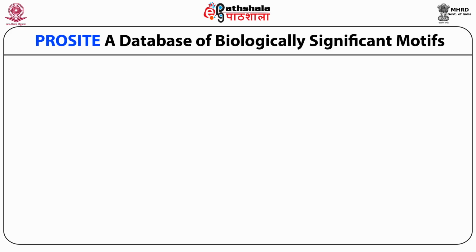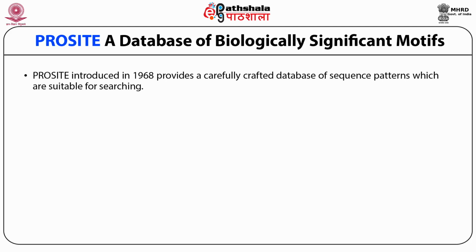Now there is a database called Prosite, nowadays part of the UniProt system itself, which started a long time ago in 1988, and they started collecting such kinds of sequence patterns which corresponded to a functional protein family.